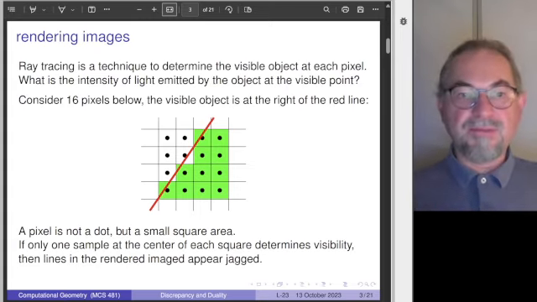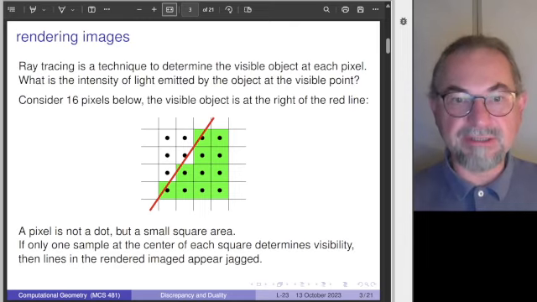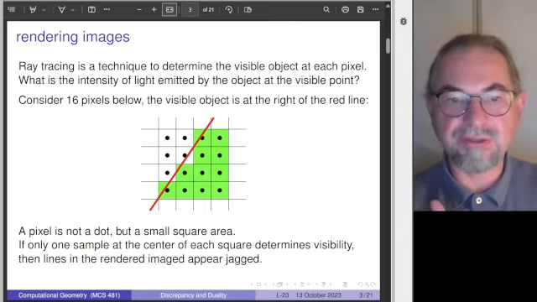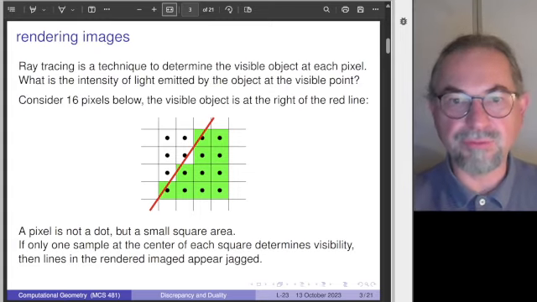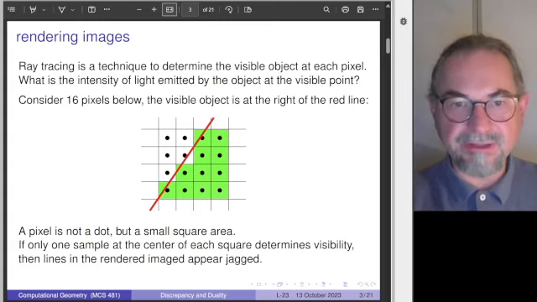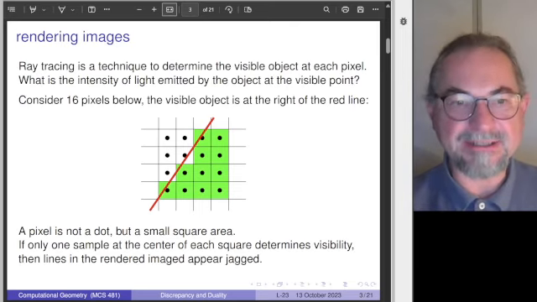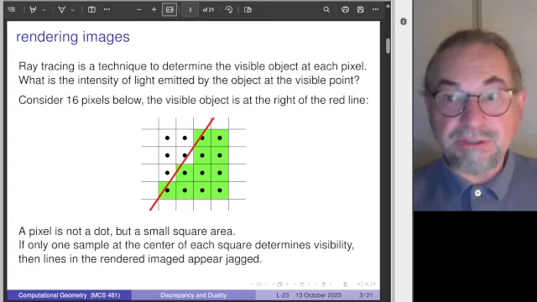So if you do this, then actually your picture will not look very good. If the red line is really the edge, then it will appear jagged. So what can we do with this?